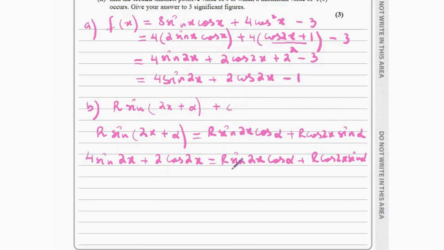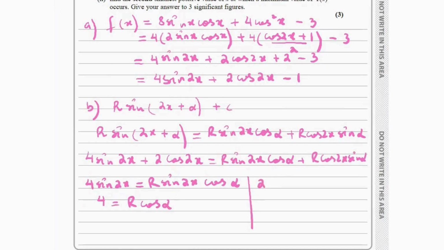So 4 sine 2x equals r sine 2x cos alpha. The sine 2x gets cancelled out. So 4 equals r times cos alpha.